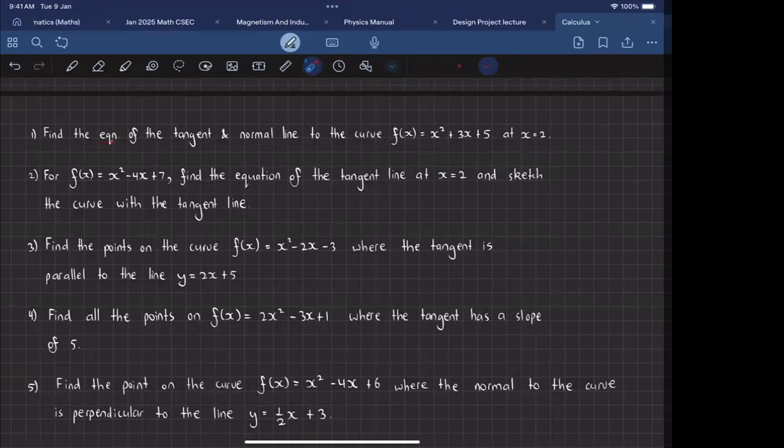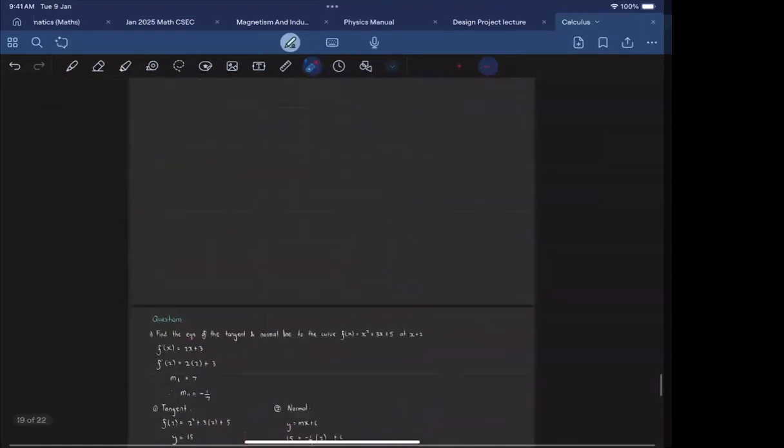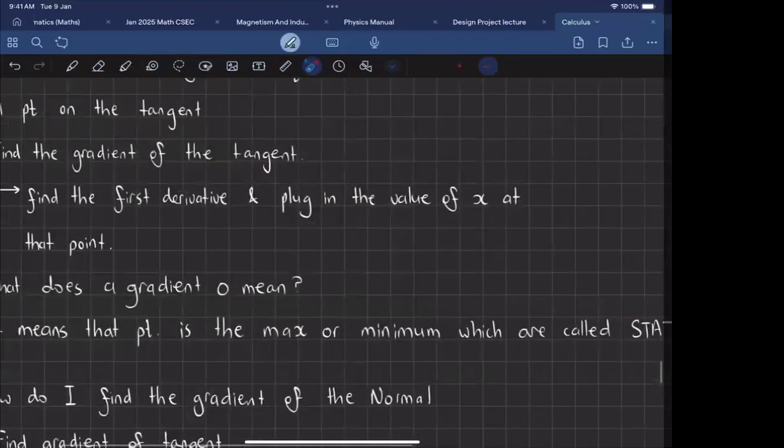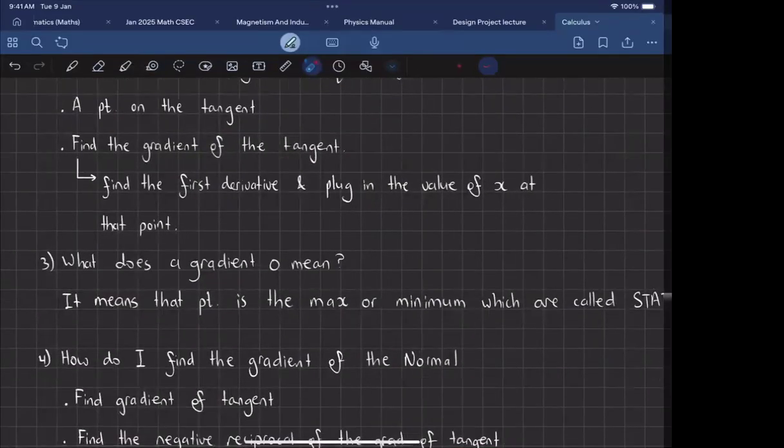Remember, in the recap, we wrote it down: stationary point. Another thing: if the gradient is 0 and you put 0 in front of x, what's 0 times x? 0. So y is equal to 0 plus 3. y is equal to 3.